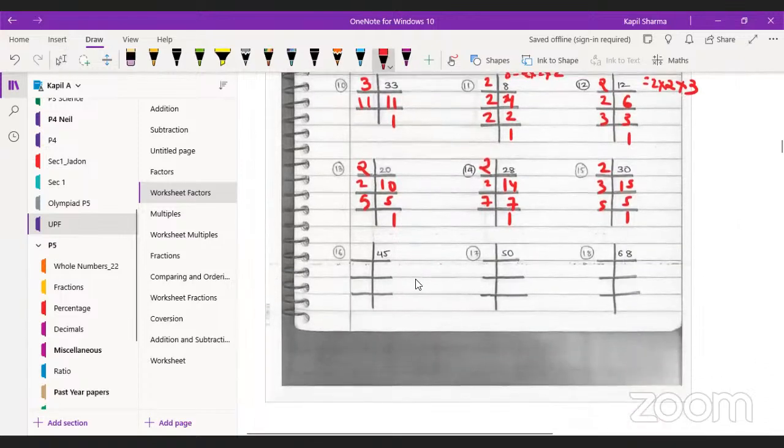Next one. Yes, this one. 16. Guys, Devika. Yes, 315, then 3 times 5, finally 5 times 1.